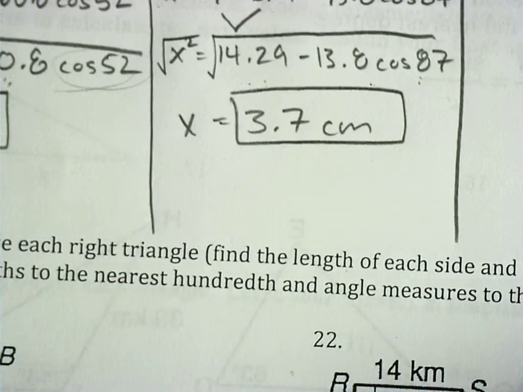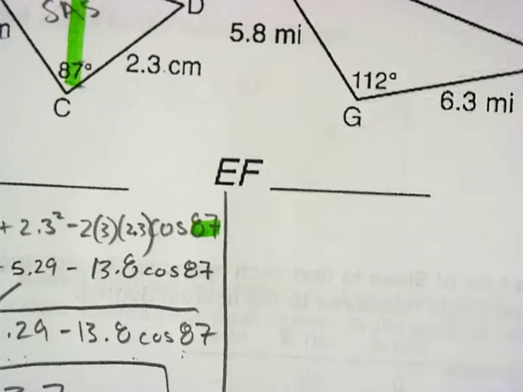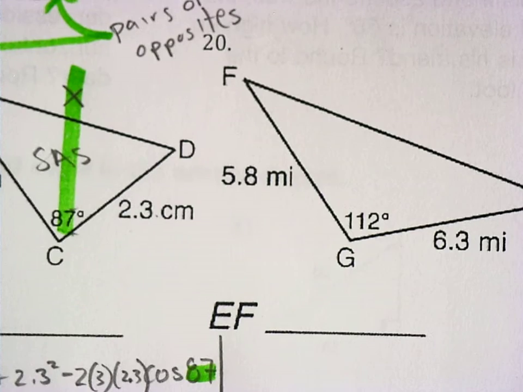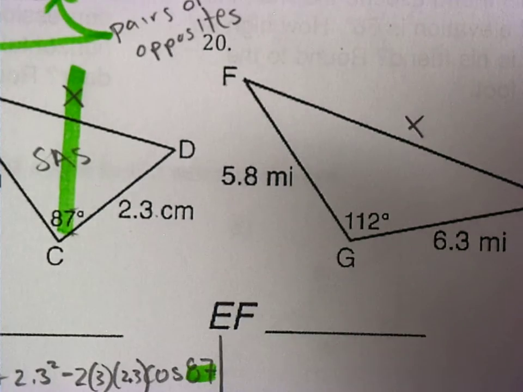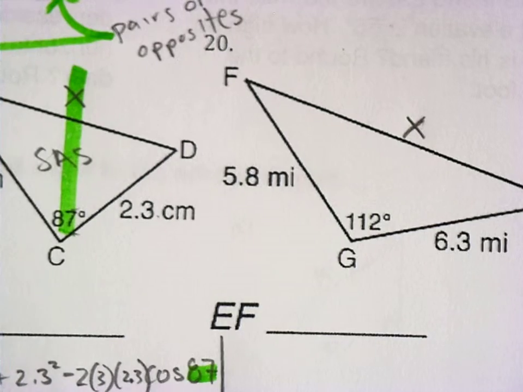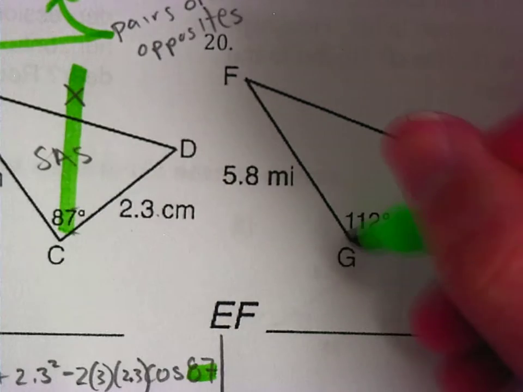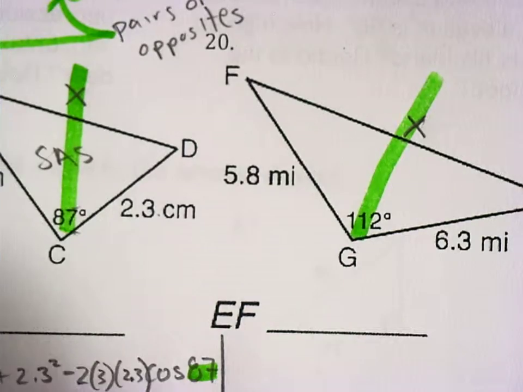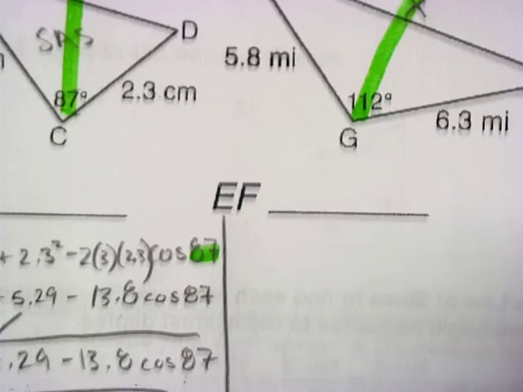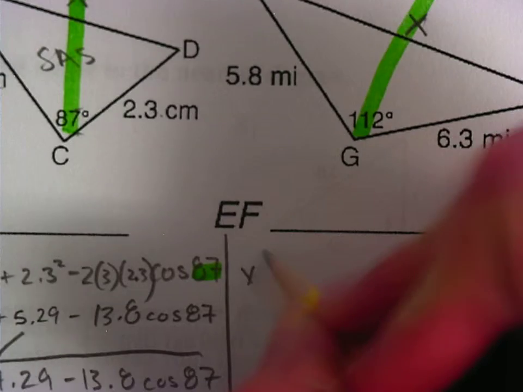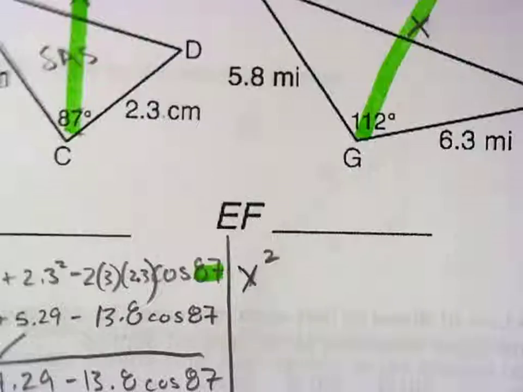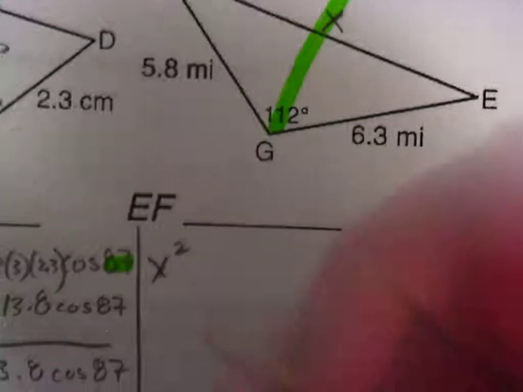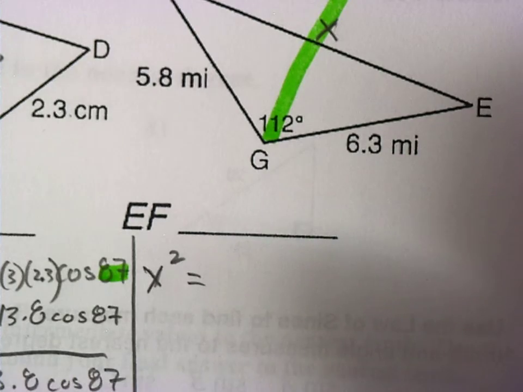So let's do one more just for good measure. So here's number 20. And they want EF, which is this side over here. And again, here's our pair of opposites. So our side, X, is going to be here on the outside. X equals blah, blah, blah, all that good stuff.